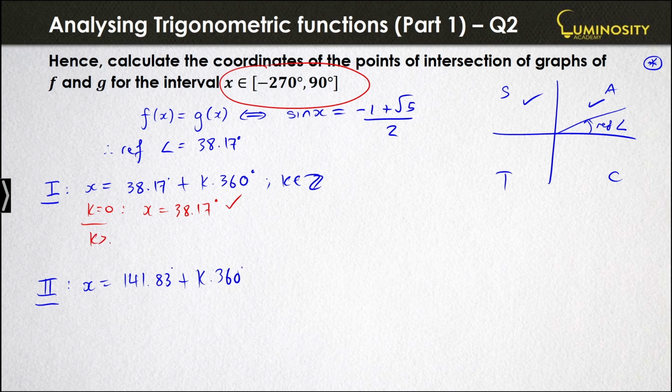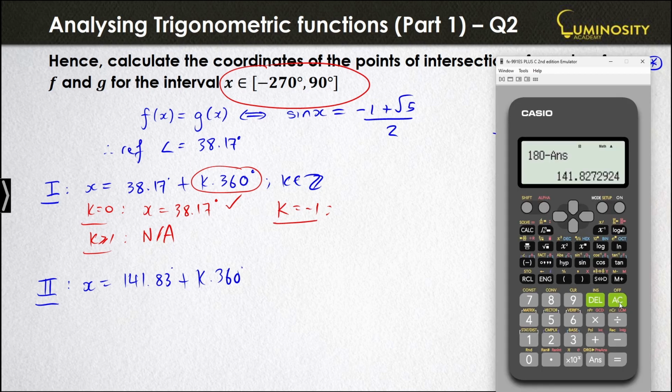K greater than or equal to 1. Because it's k times 360, the values are going to be much bigger than 90. Okay, they'll be even bigger than 360. So no applicable solutions. What about k is negative 1? Let's try that and see if we get anything. So what I'm going to do is minus 180, I'm just trying to get back to that reference value, 38.